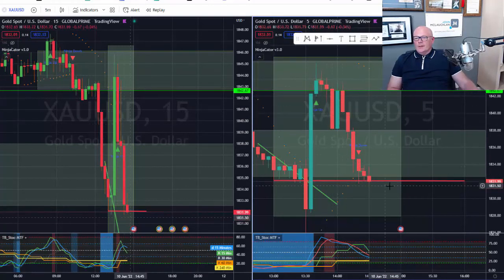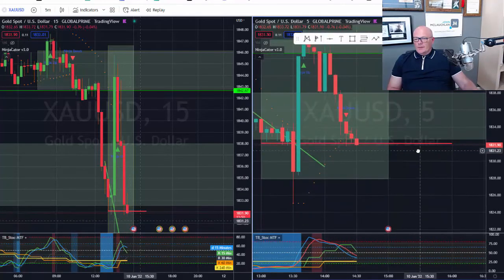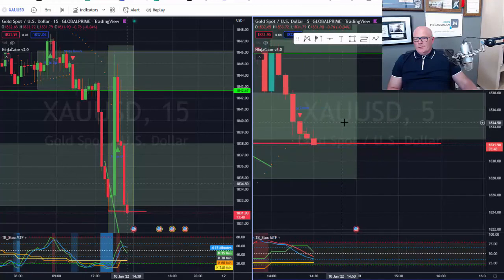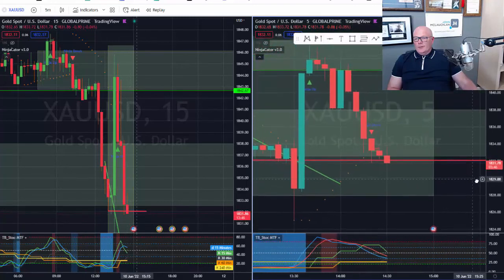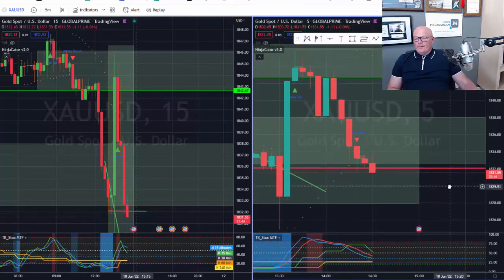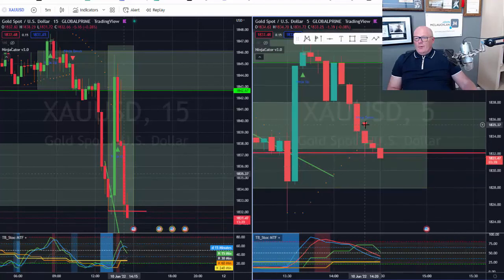Okay, so now the candle is just starting to go below the trend line. Let's zoom in a little bit more. We've got the ninja down, we've got the PSAR above. The stochastic for me isn't really doing much, it's kind of middle of nowhere.